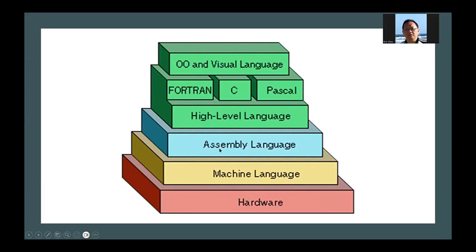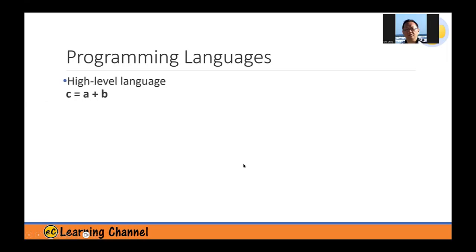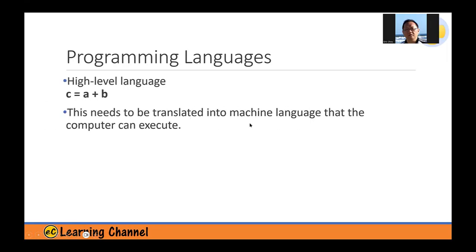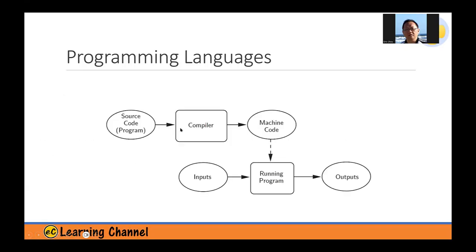Okay, so this is from hardware to high-level language. High-level language is Python or Java, that's a high-level language. So you have high-level language, let's assume this is C language.